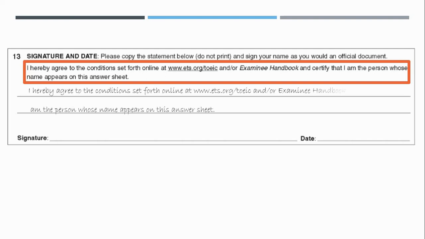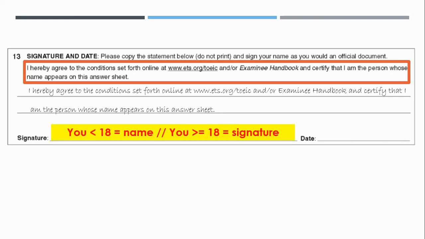So basically you have to copy the same thing. I hereby agree to the conditions set forth online at www.ets.org/TOEIC and/or examinee handbook and certify that I am the person whose name appears on this answer sheet.